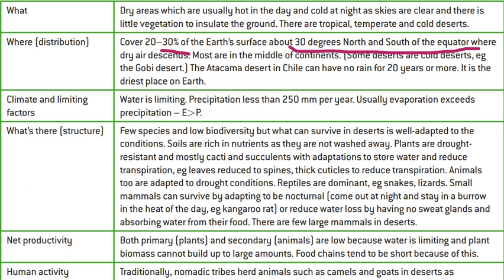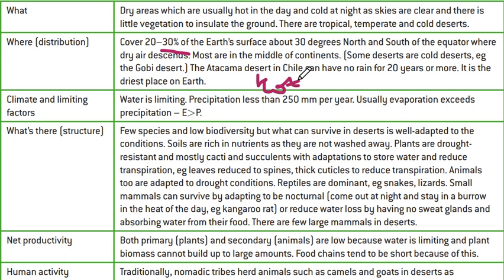Some are cold deserts, like the Gobi Desert, and some are hot deserts, like the Atacama Desert in Chile, which has no rain for 20 years or more. It is the driest place on earth. So that's important to know.